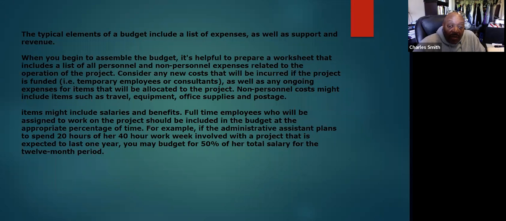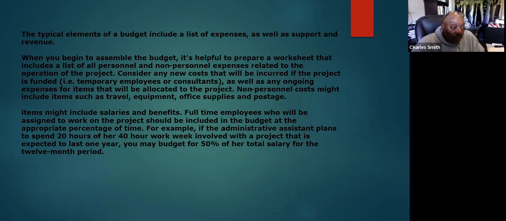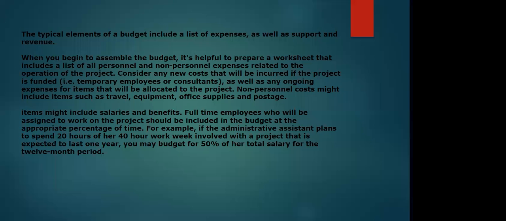Consider any new costs that will be incurred if the project is funded, i.e. temporary employees or consultants, as well as any ongoing expenses for items that will be allocated to the project. Non-personnel costs might include items such as travel, equipment, office supplies, and postage. Now notice how they break it down into two major categories: personnel and non-personnel expenses as part of the expense.